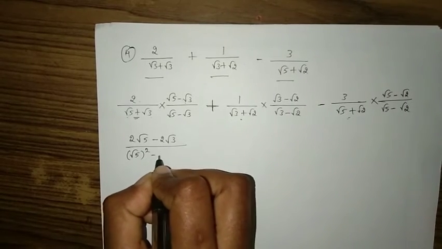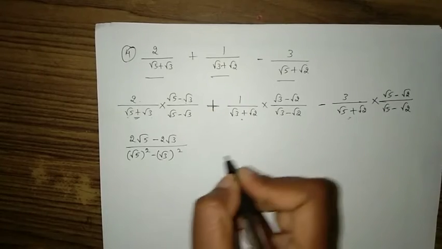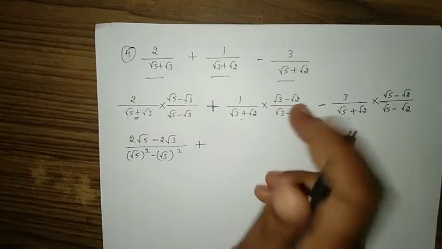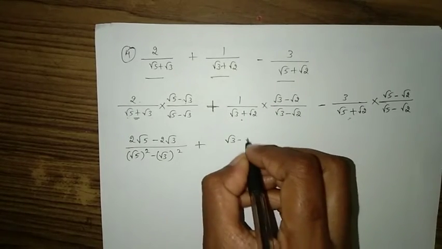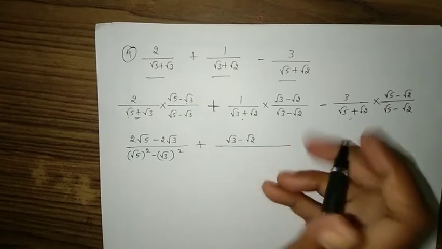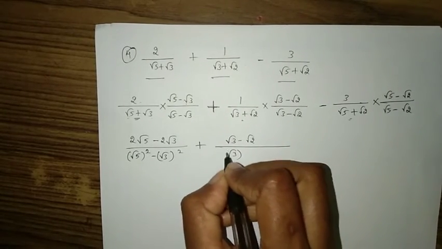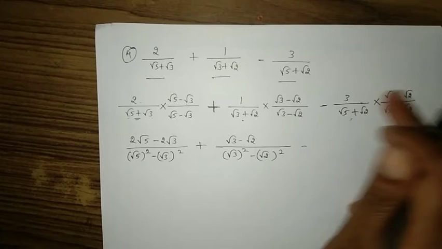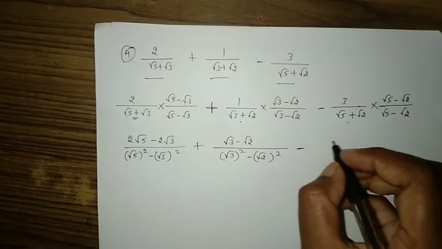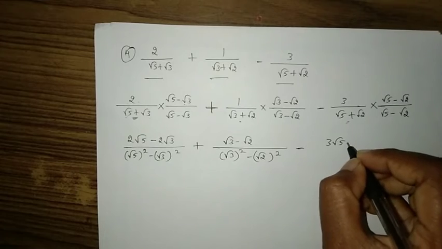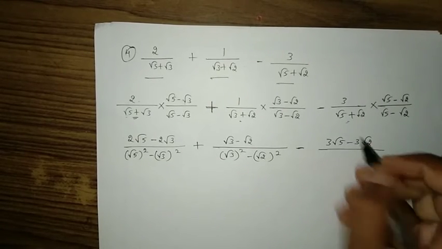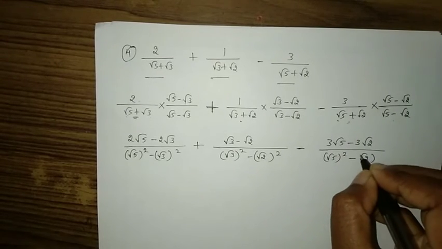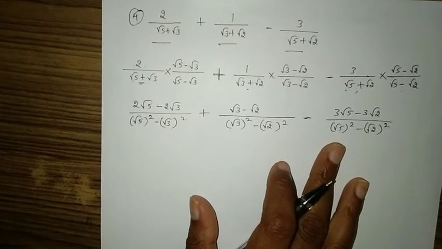Root 5 whole square minus root 3 whole square plus, so you have to multiply here, that is root 3 minus root 2 divided by root 3 whole square minus root 2 whole square. That's what we get. Minus, we have to multiply here, 3 into root 5 minus 3 into root 2 divided by root 5 whole square minus root 2 whole square.